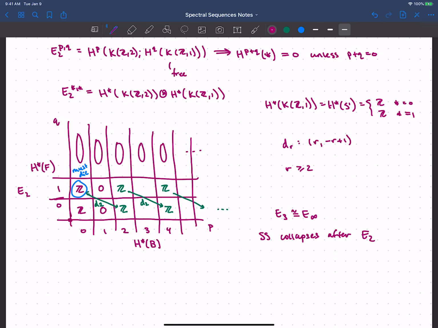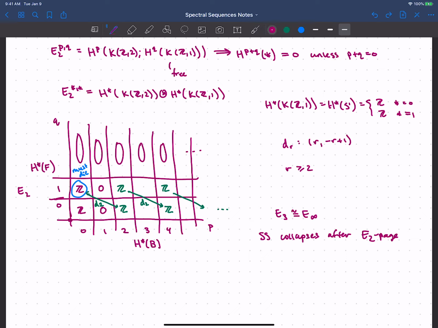Okay, I think I left something out, so let me say why I have a 0 here. I meant to point. So why do I have a 0 here? Well, if I had something non-zero here, then the only place it could receive a differential from is here or here, and there's nothing there. Okay, and then the differentials out already go off the outside of the interesting range, outside of that first quadrant.